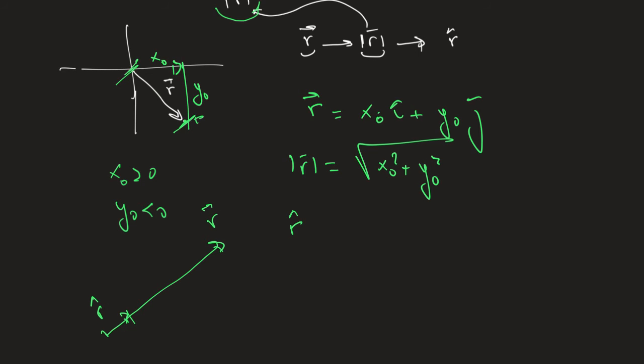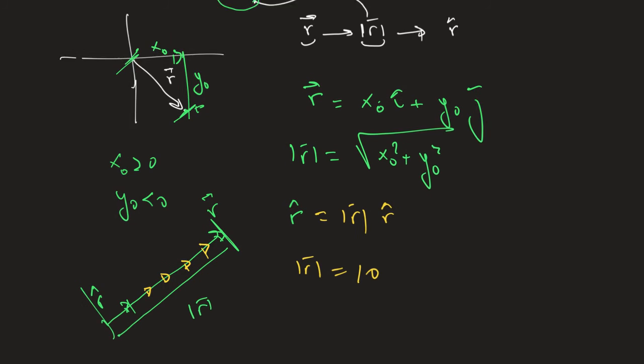And this length is the magnitude of r. So it's clear that I can fill the vector with many unitary vectors. How many? The magnitude of r. So let's say that the magnitude of r is 10.